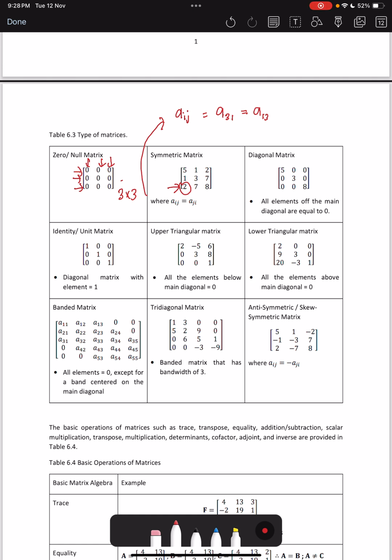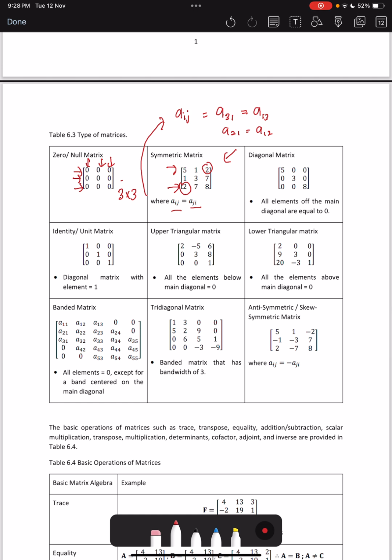First row, column 3. That's what I mean by that. So if you have a matrix that has this property, A31 equivalent to A13, or A21 equivalent to A12, this is what we call the symmetric matrix.